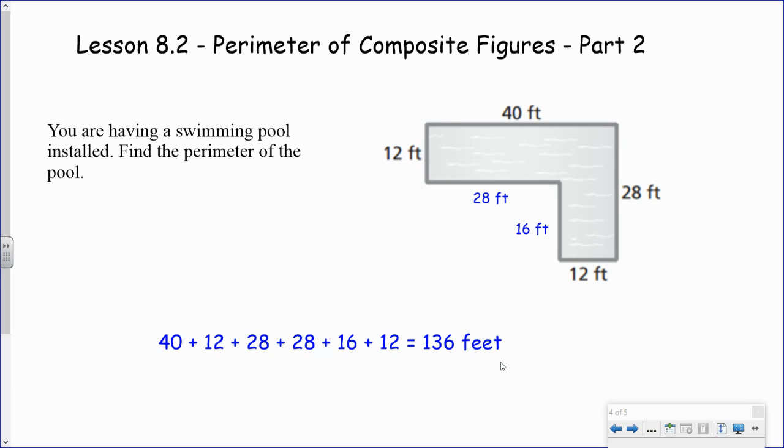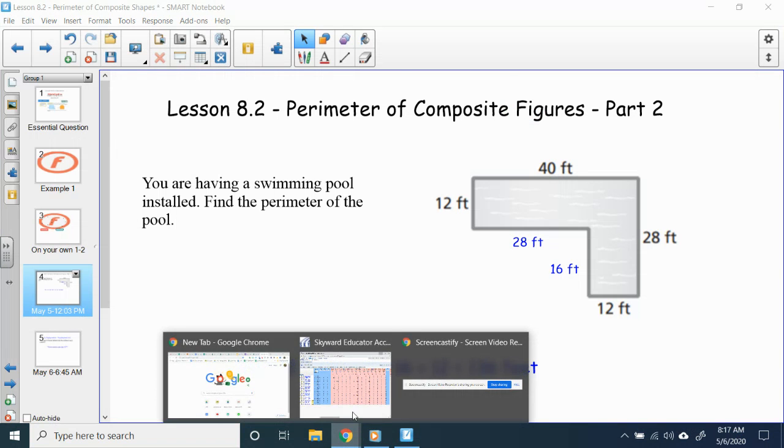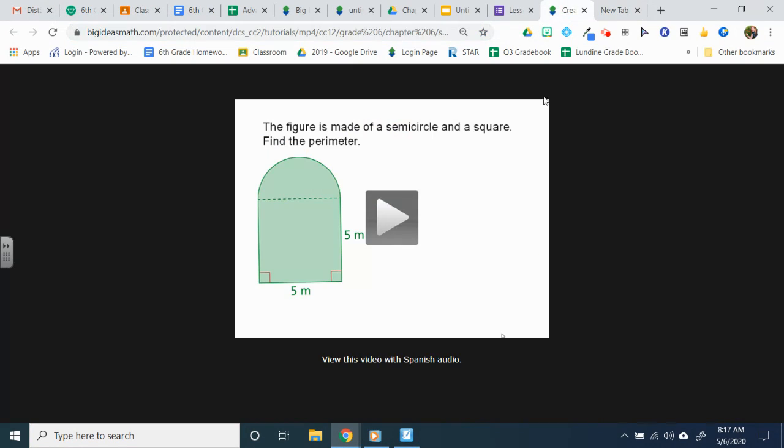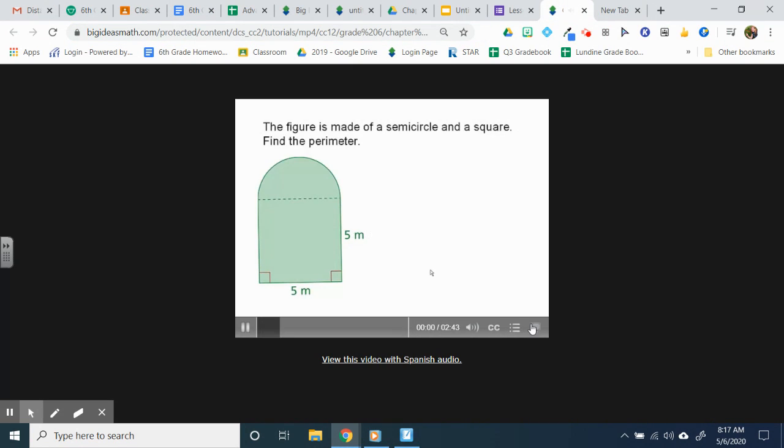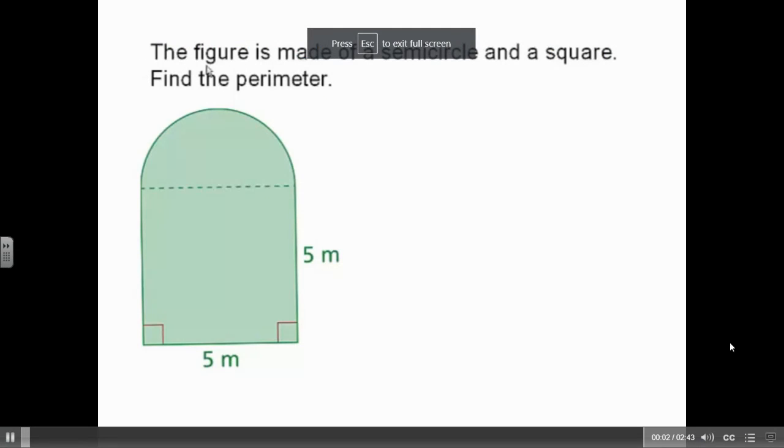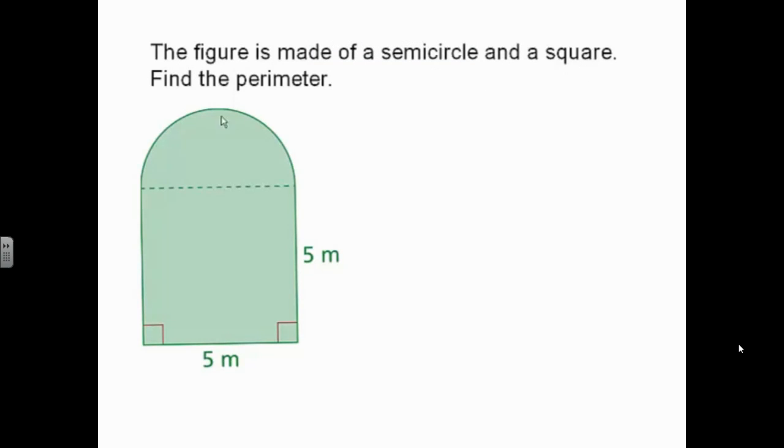I'm going to show you a short video that explains another example that has a semicircle in it. The figure is made of a semicircle and a square. Find the perimeter. So here's our figure. We see the bottom is a square and the top is a semicircle.